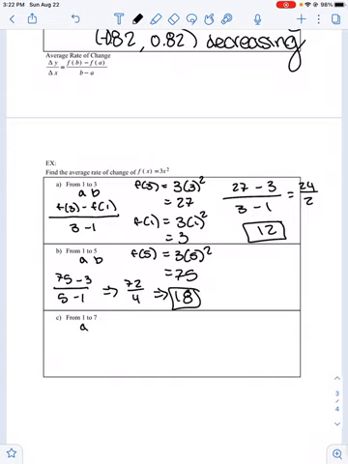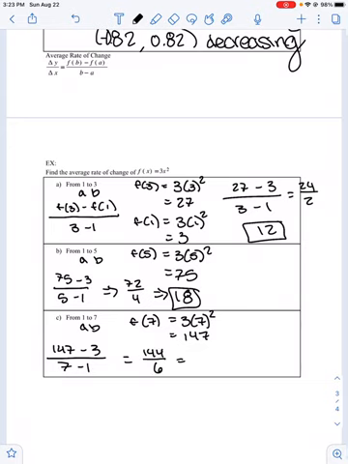A to B. So let's figure out f of 7. 3 times 7 squared. 7 squared is 49. And 49 times 3 is 147. So 147 minus 3 over 7 minus 1. 147 minus 3 is 144 over 6. And that equals 24. Alright, that finishes this lesson.